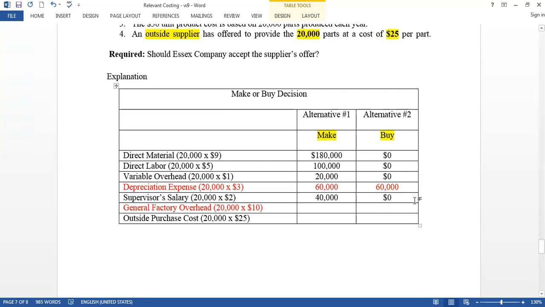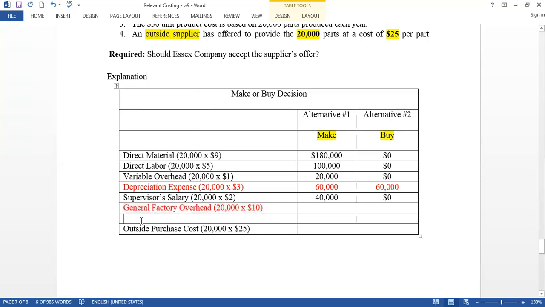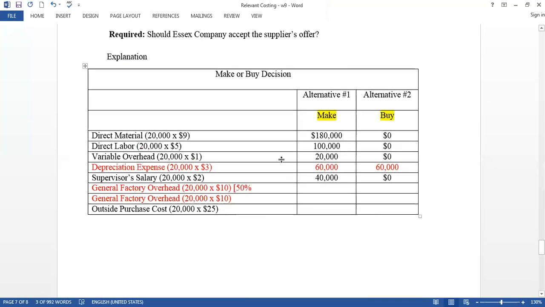Now general factory overhead, according to this question, 50% would be unaffected, right? Would be unaffected means don't differ.